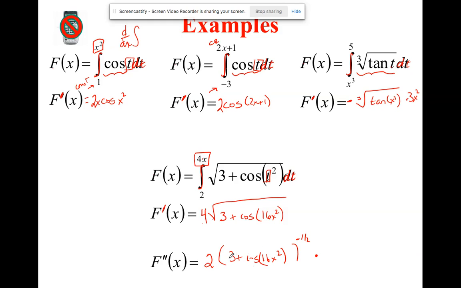Well, the derivative of 3 is 0. The derivative of cosine is negative sine 16x squared times the derivative of 16x squared. Clean that up. Cool?